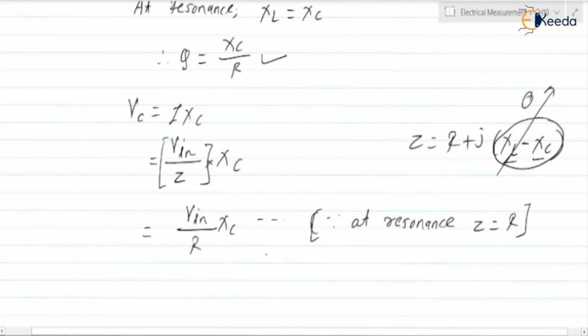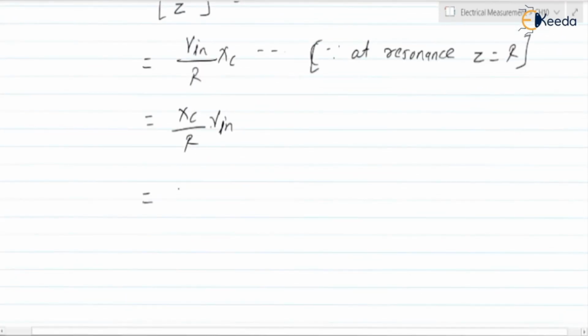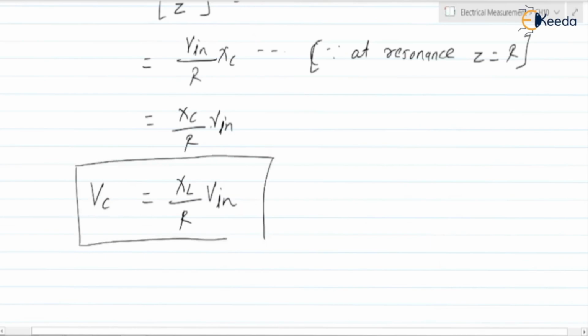Are you getting the point? So we can write it as XC by R into Vin. Also XC is equal to XL, so it is XL divided by R into Vin. This is nothing but the VC. But what is the VC at resonance frequency? It is Q into Vin.